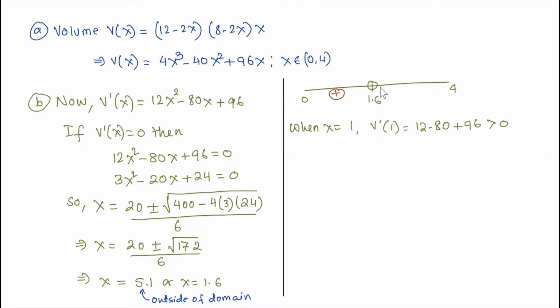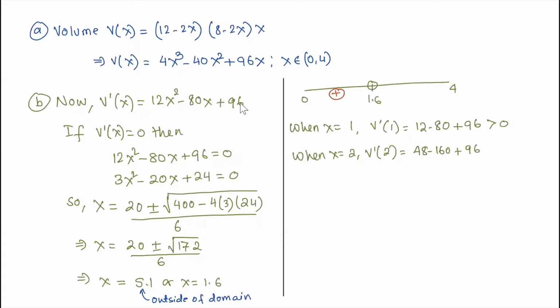Let's see what is happening on the other interval. I can plug in x equal to 2. The first derivative at 2 is equal to, by plugging in 2, 2 squared is 4, 4 times 12 is 48, minus 80 times 2, 160, plus 96.